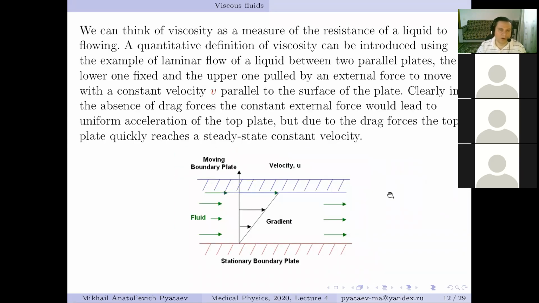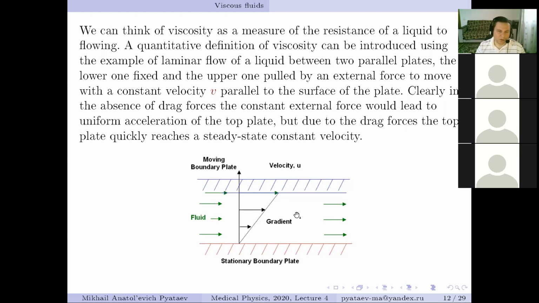Now let's discuss how we can describe this force of inner friction. For the definition of viscosity, we will consider a simple model in which we have two plates. One plate remains unmoving, stable on some fixed surface, and another plate is moving with velocity u here.